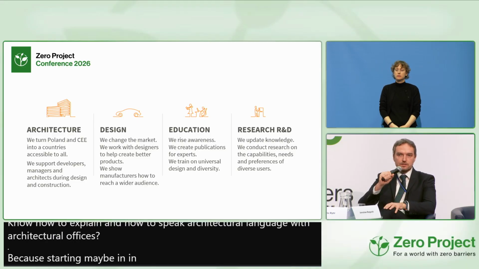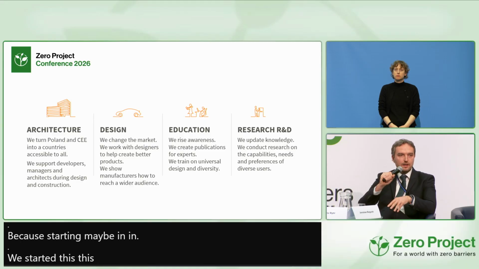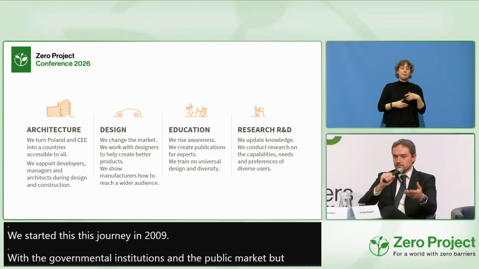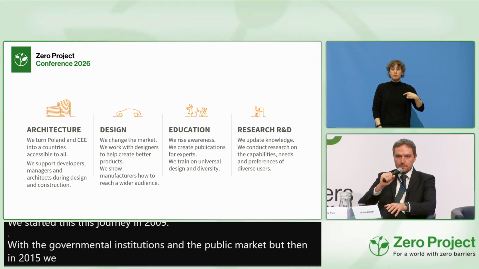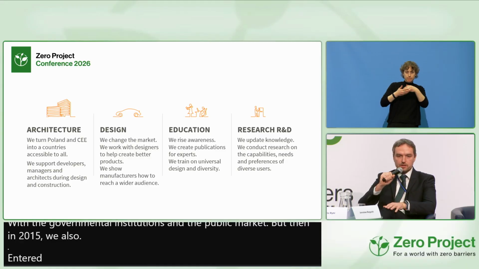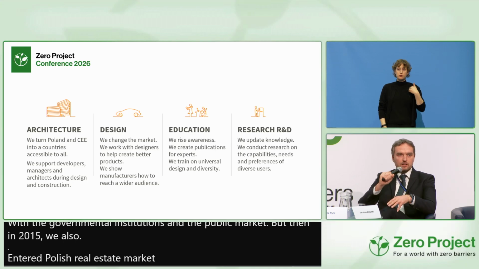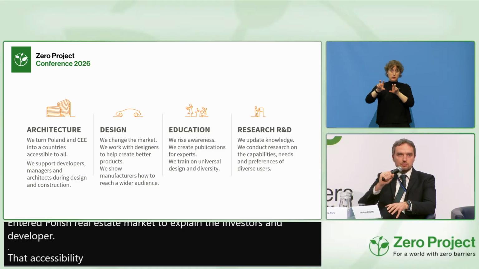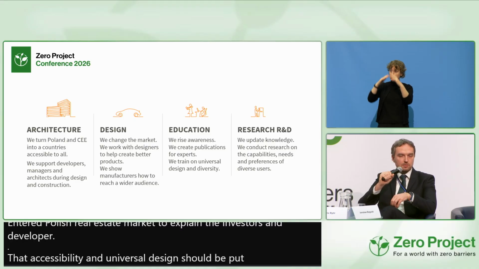We started this journey in 2009 with the governmental institutions and the public market, but then in 2015 we also entered the Polish real estate market to explain to investors and developers that accessibility and universal design should be put at the very beginning of the investment process.